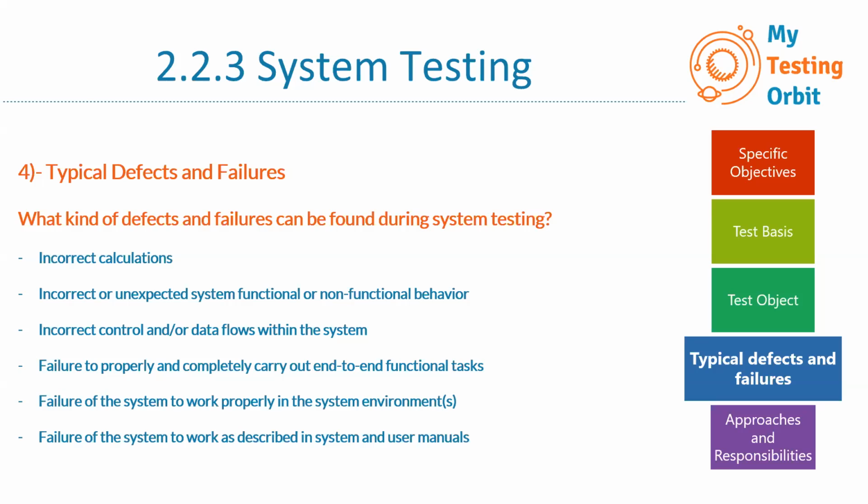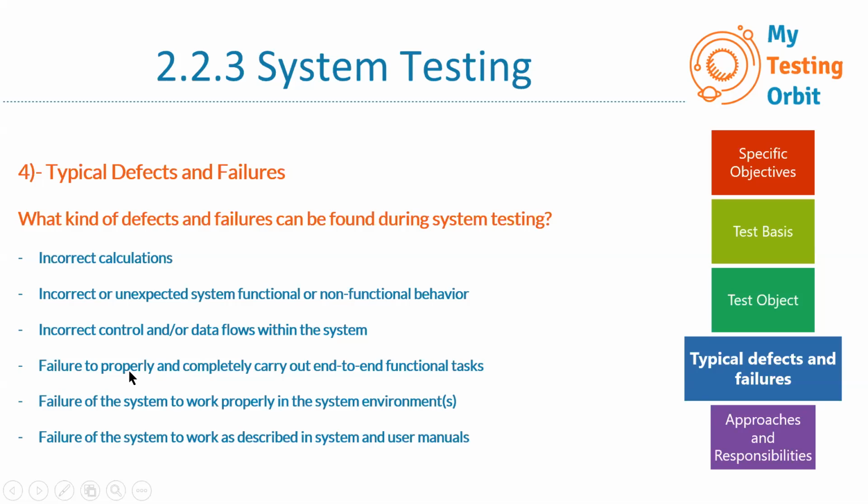And if we shop for more than £100, then we get a discount of 20%. The data flow in both scenarios would of course be different, but maybe at the end the discounts are not applied as per the total amount of shopping being done. So that will be covered under incorrect control and or data flows within the system.